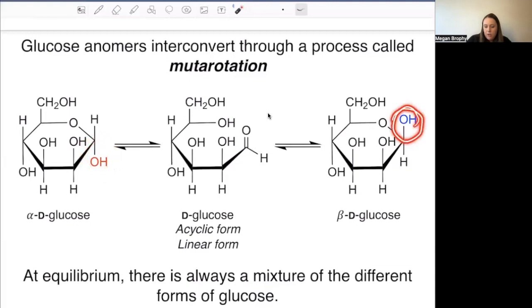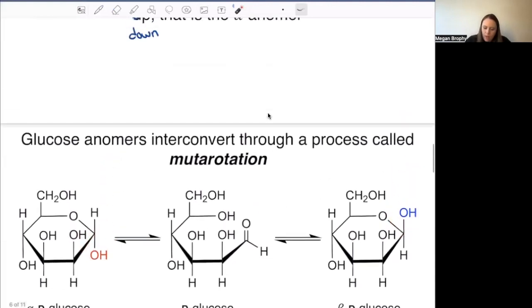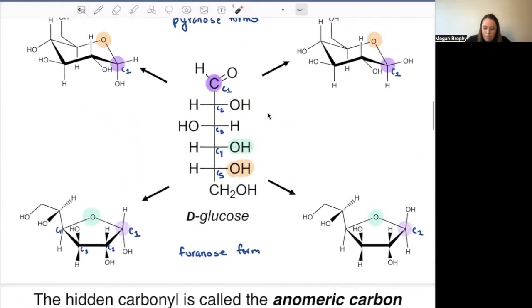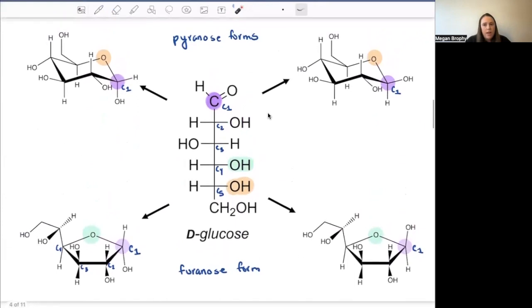And then when the hydroxyl group is up, that's the beta form. So if we go back to our bigger slide, we can identify the alpha and beta anomers of our pyranose forms and our furanose forms. There's a lot of nomenclature and jargon with carbohydrates, just a lot of new vocabulary that we pull in.